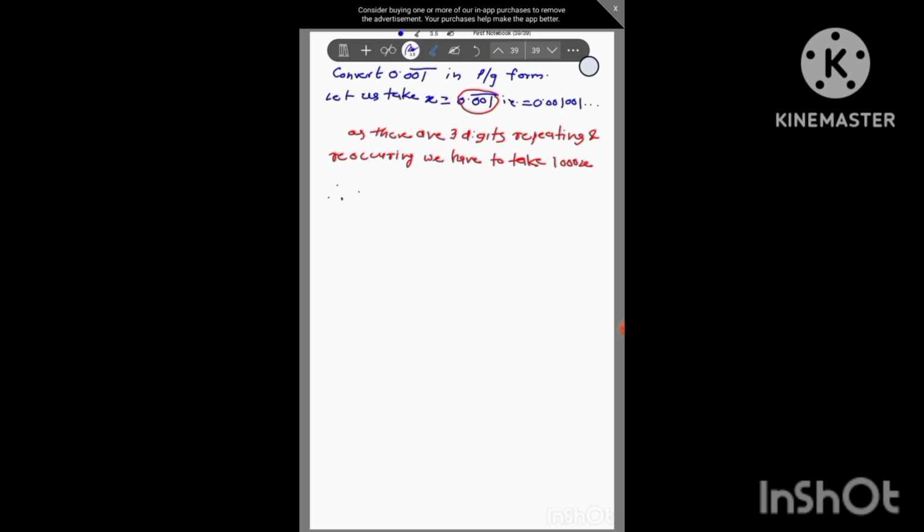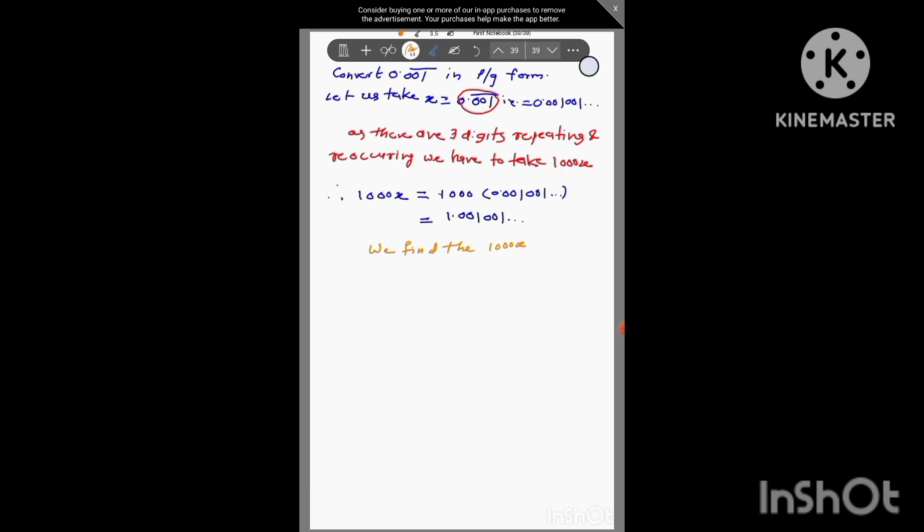Then only can you get the value very easily, that is 1000x equals. Now the x value is 0.001001. Write it at least two times so that you will not get confused. Then take into the bracket 1.001001, with 001 continuing. Now we have to write this so that you get x.